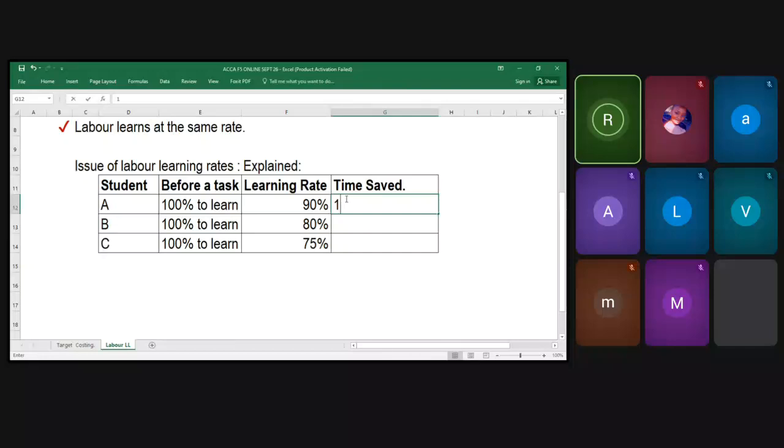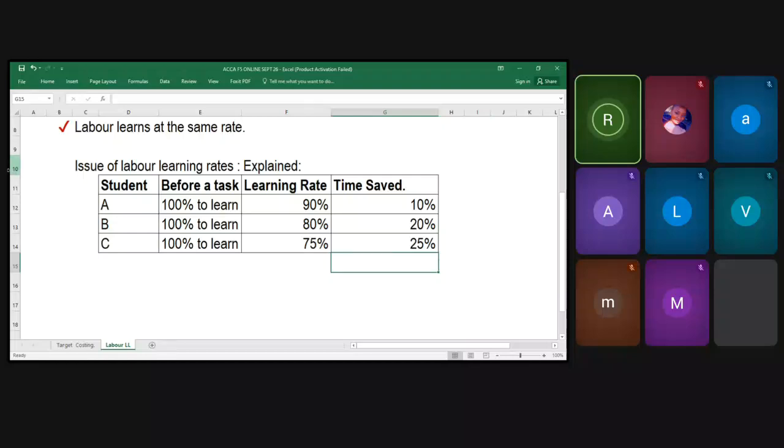Time saved is 10%. Student B is learning at 80%, so time saved is 20%. Student C is learning at 75%, so time saved is 25%.